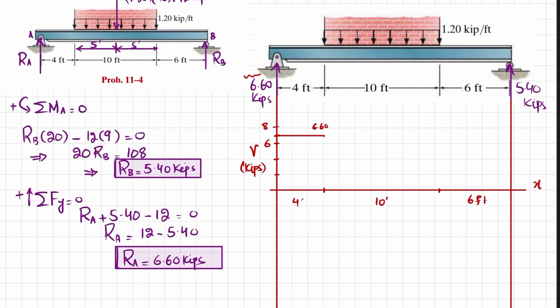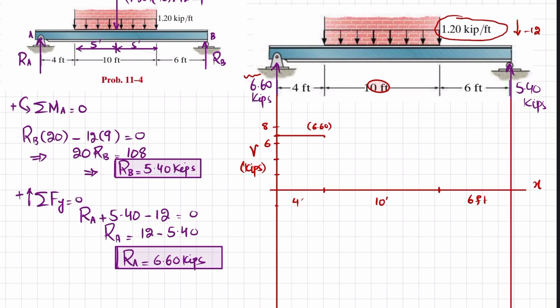So if you multiply this 1.20 with this 10, it will be 12. And this 12 will be minus 12 because it is downward. So from this point till this point we have minus 12.